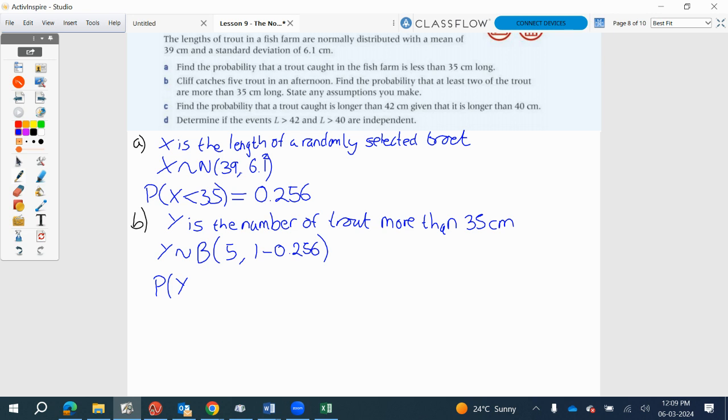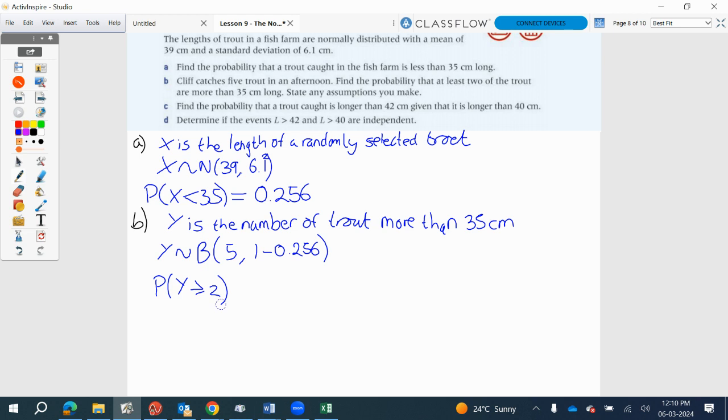The variable Y can have 6 outcomes: 0, 1, 2, 3, 4, 5. Which values do we want it to have? 2 or more. We want it to be 2, 3, 4, or 5. We want it to be greater than or equal to 2. So he catches at least 2 trout that are longer than 35 centimeters long.